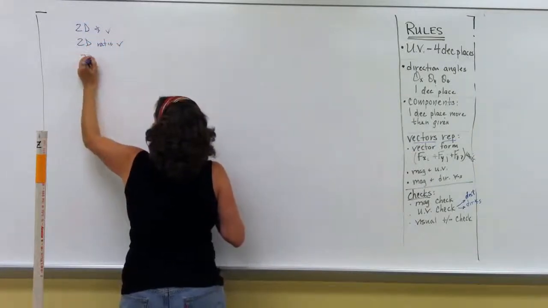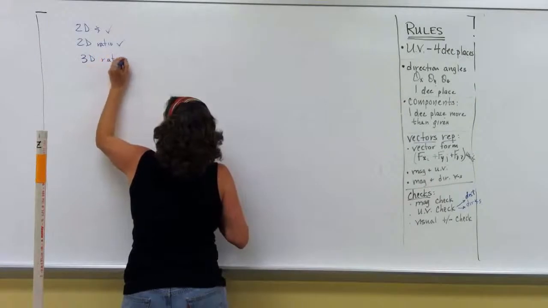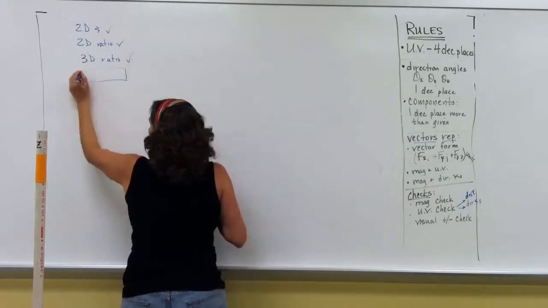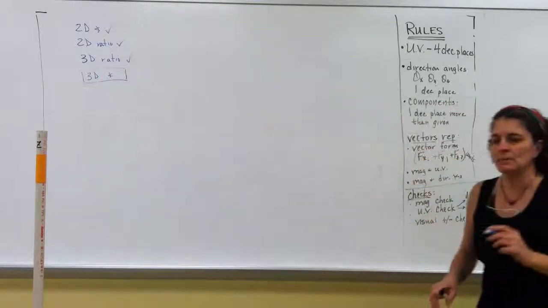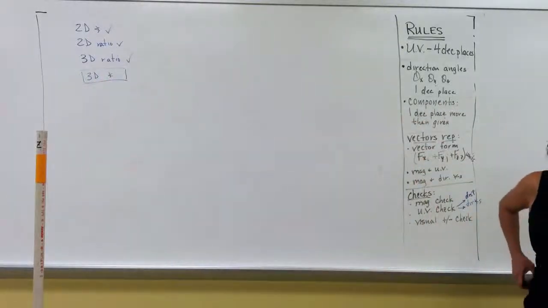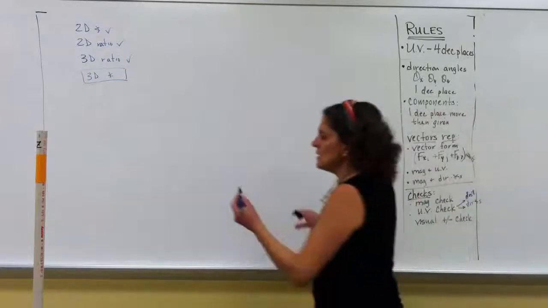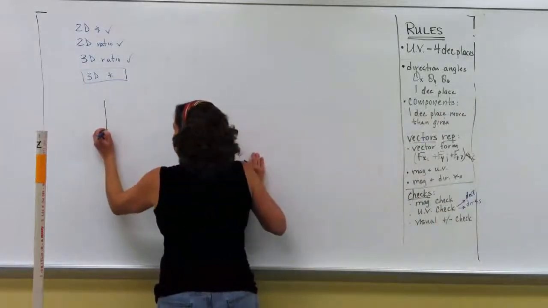And then in the second video, we did a 3D ratio problem. So now we have to do a 3D angle problem. In order to do that, I want to make sure that you understand a little bit more about the use of the cosine. So let's go back to this.